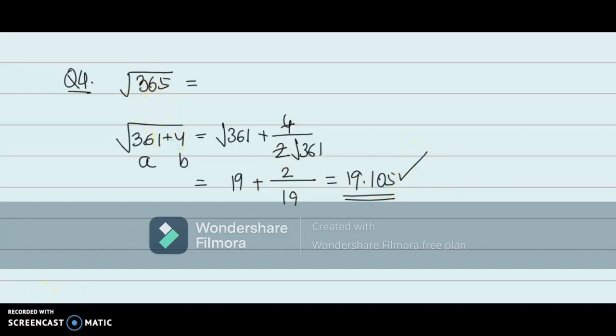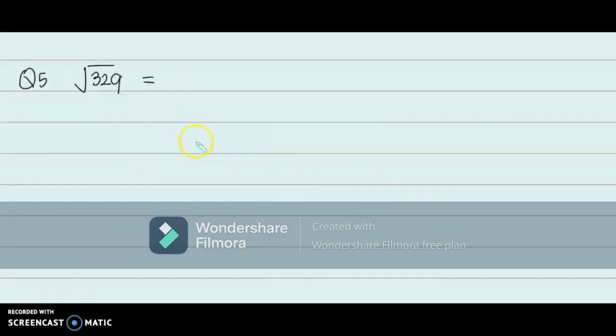Let us take a look at the next question. You can see the next question is under root 329. So we have to break it into two numbers such that their sum is 329, and one of them should be a perfect square as well as close to this number. So 324 is a perfect square, plus 5.